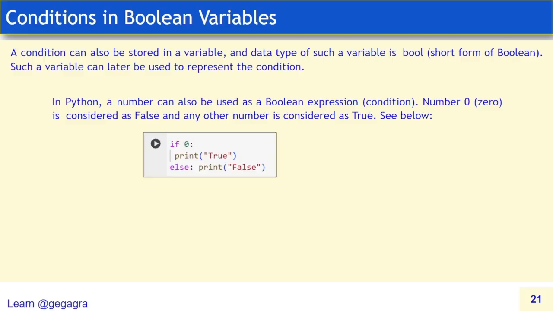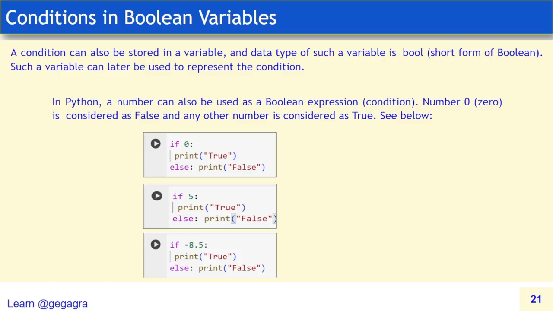I have taken some snippets from Colab. First snippet: if 0, print true, otherwise print false. Second snippet: if 5, this is non-zero, then print true, otherwise print false. Next snippet: if minus 8.5, colon, print true, this is again non-zero.